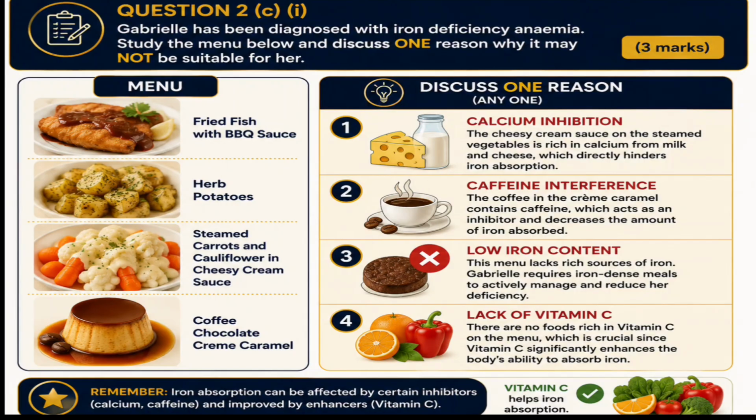And please remember, iron absorption can be affected by certain inhibitors, such as the calcium, the caffeine, and improved by enhancers such as vitamin C, as vitamin C aids in the absorption of iron.